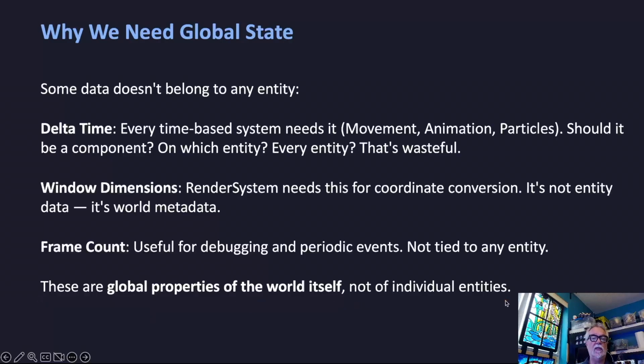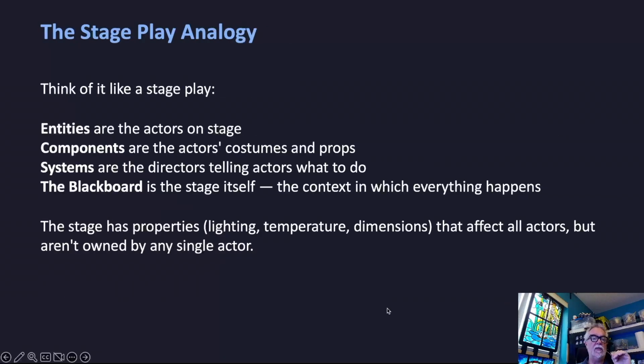So let's go through and think about this in a more detailed way. Think of this like a stage play. The entities are the actors that are on stage. The components are what the actors are wearing. So, if you look at an entity, it's a human being, and that human being is wearing a Roman gladiator outfit, and that way you know that this entity is a Roman gladiator.